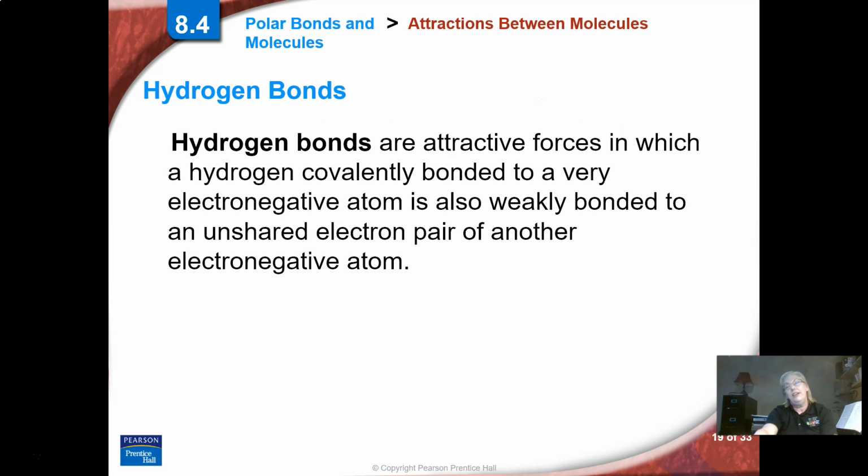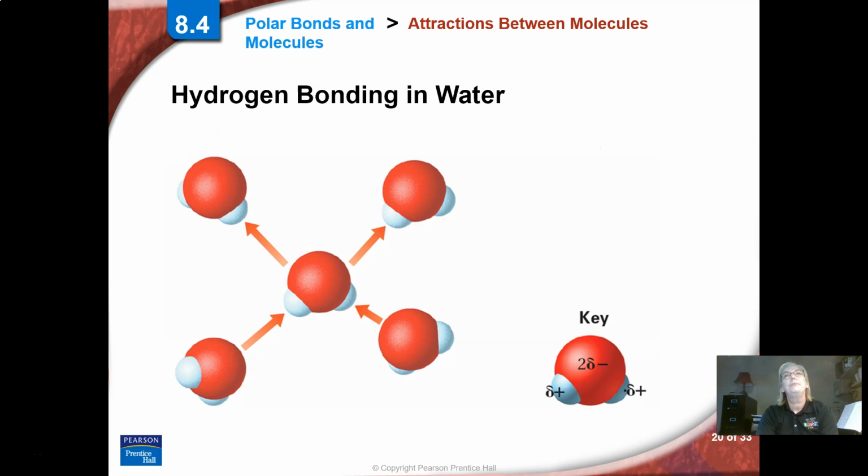Hydrogen bonding is what we were talking about in the water molecule. Hydrogen bonds have to have a hydrogen hooked to some other atom, and they make a partially positive side and a partially negative side. So remember, this is partially negative oxygen and partially positive hydrogen, and that makes them orient themselves together in water.